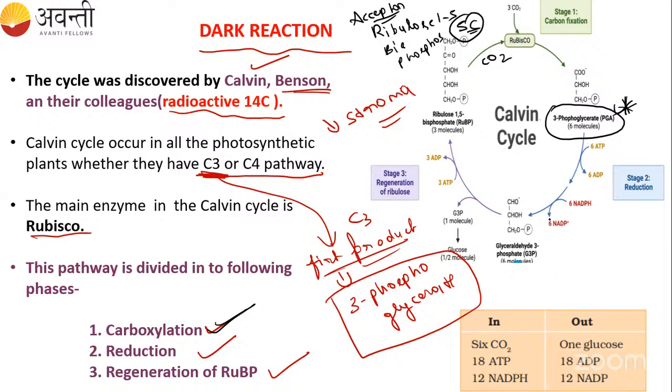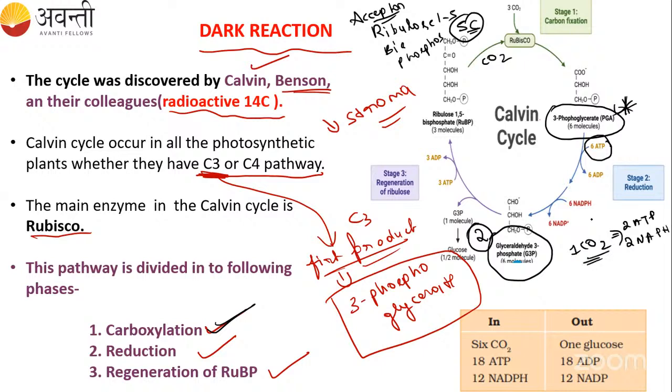Okay. Then coming to the second process, that is the reduction process, involving the conversion of 3-phosphoglycerate to glyceraldehyde 3-phosphate. That is 2 molecules of glyceraldehyde 3-phosphate. In the reduction process, for each carbon dioxide fixation, it will require around 2 ATP molecules and 2 NADPH.